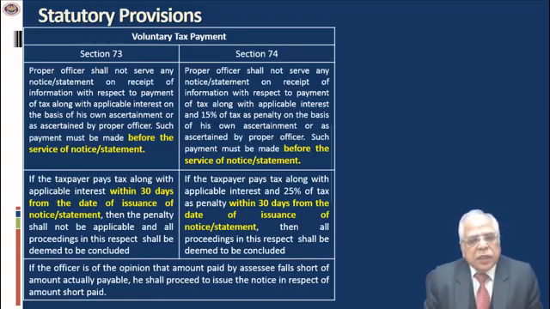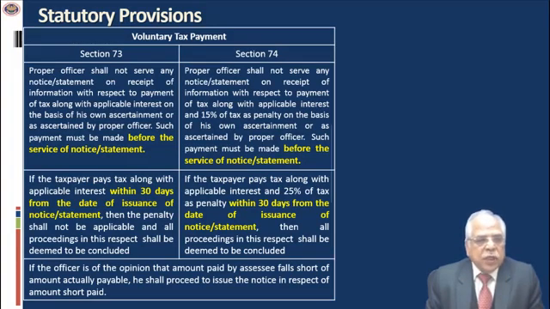Similarly, under Section 75, they have put up certain conditions which will be applicable while adjudicating the notices issued under Section 73 or 74. If I have issued a show cause notice for a particular period and the same allegations are there against the assessee, then rather than issuing the full show cause notice once again, I can issue a statement, which has been called a statement in lieu of show cause notice.